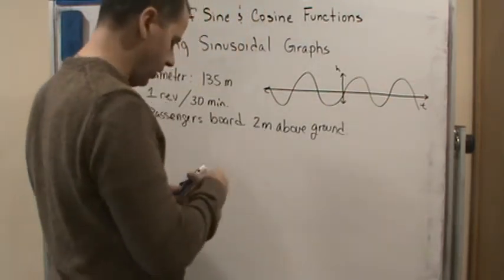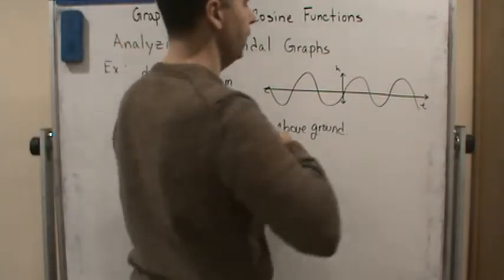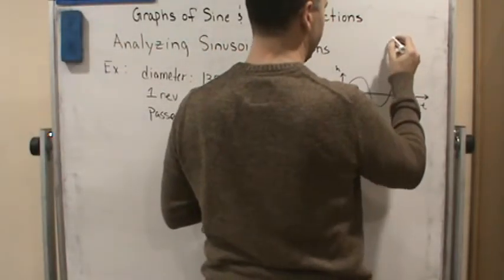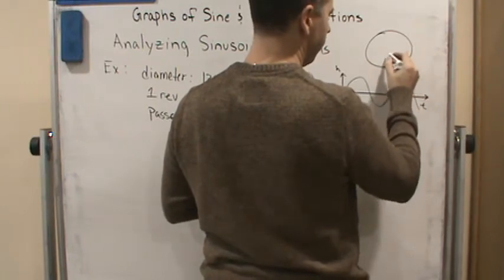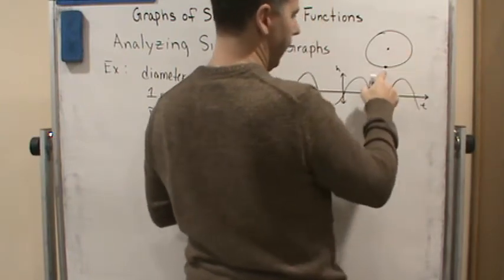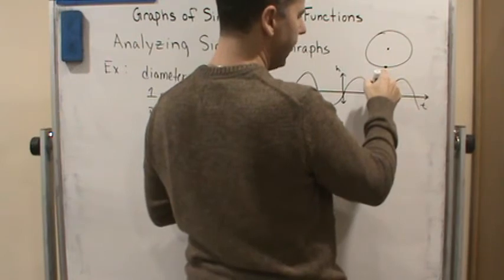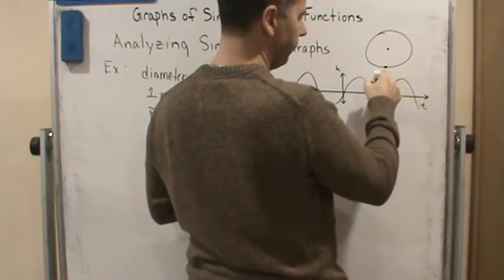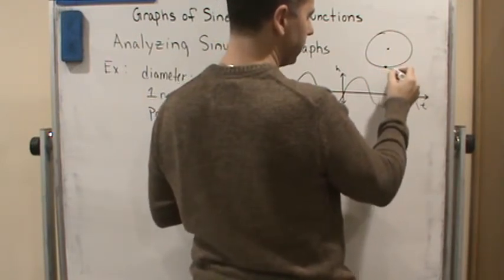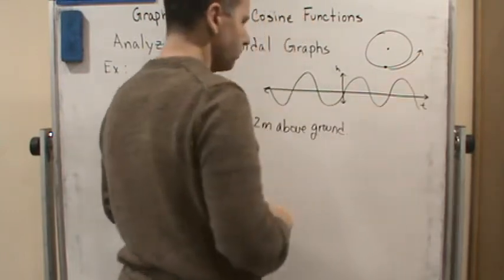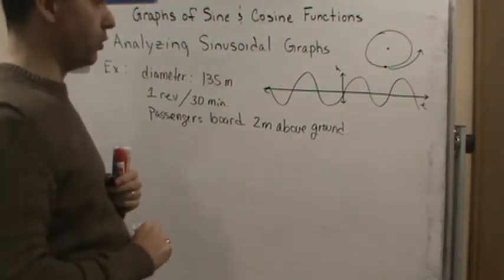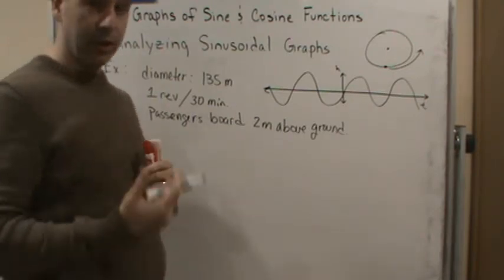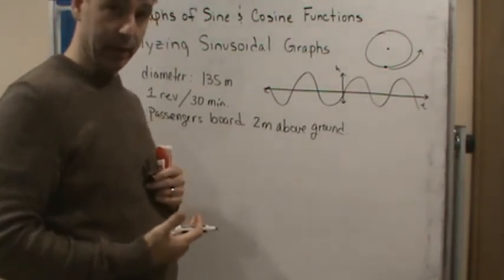In this case, just like in the last example, we've got a Ferris wheel, and the passengers get on at the very bottom, and then it rotates. It takes 30 minutes to do one rotation. Well, that 30 minutes is the period, right?